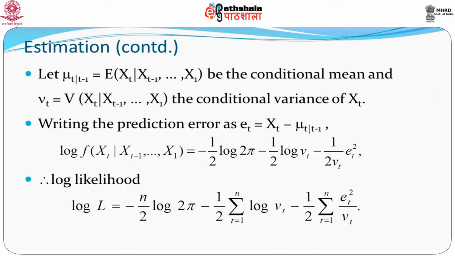And if you look at the log likelihood now, it becomes minus n by 2 log of twice pi, because you are taking the product, minus half summed over log eta t minus half summed over e t square by mu t. So, we will need to look at this, but the problem is that we have not observed e t and eta t yet. So, what would be e t and what would be your mu t in this?